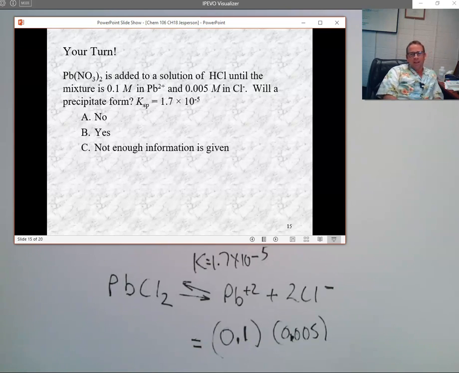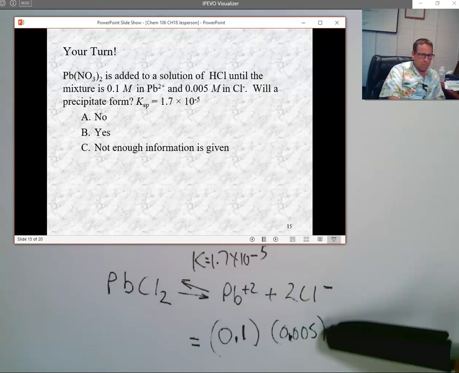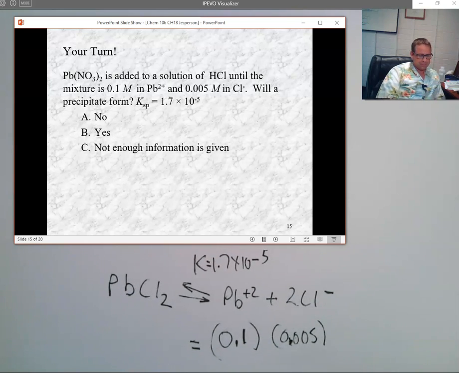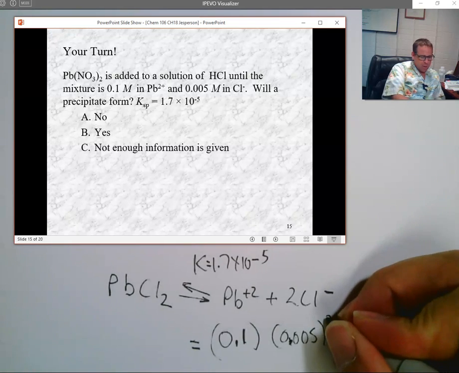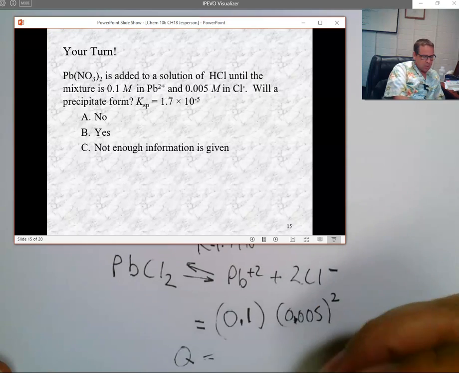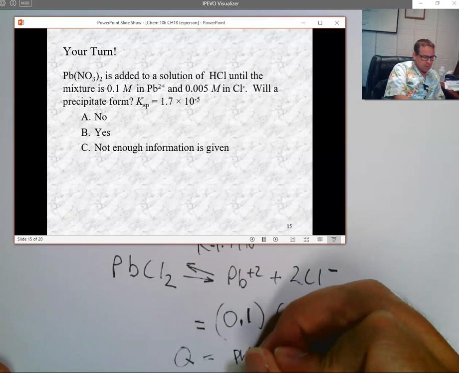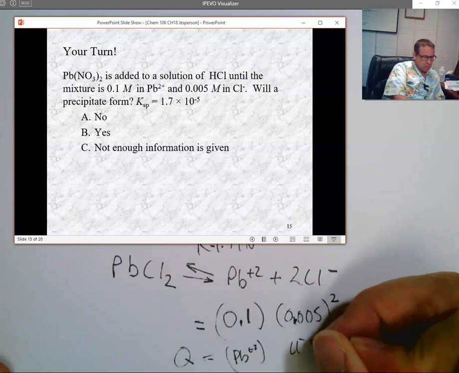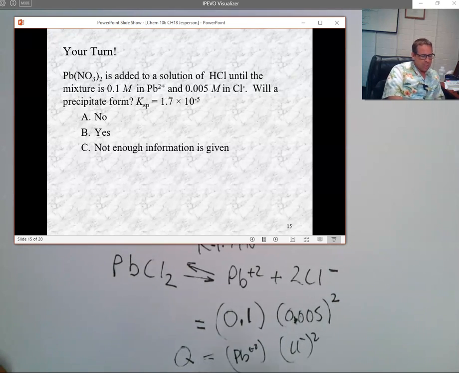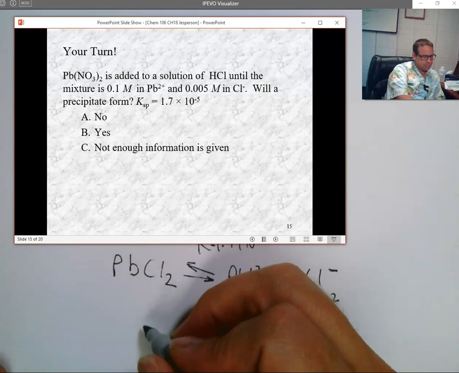Okay, all right. Now, there's one more thing we have to take into account here. The Cl is squared, sorry. That's right. It's squared, because the Q here is the concentration of the lead ion times the concentration of the chloride ion squared. Very good. So what do we get that time? A lot of zeros.